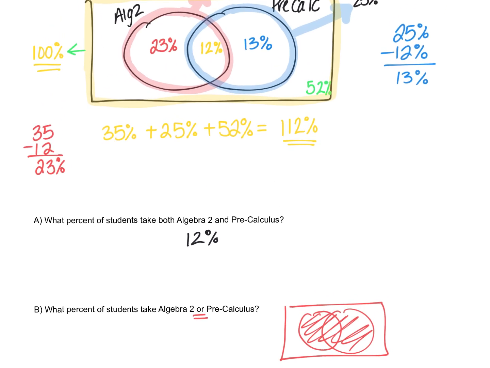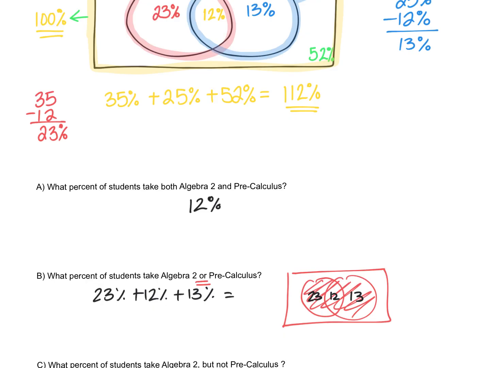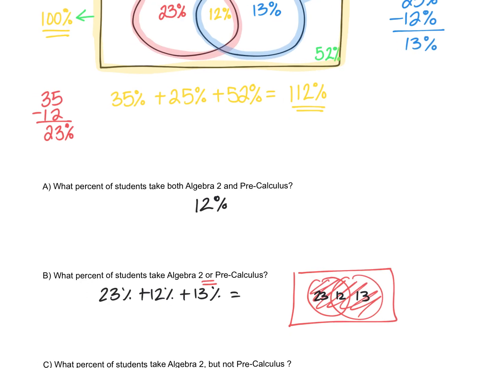So what we're going to do is add up our percentages. So we've got 23, 12, and 13. And that gives us 48%.